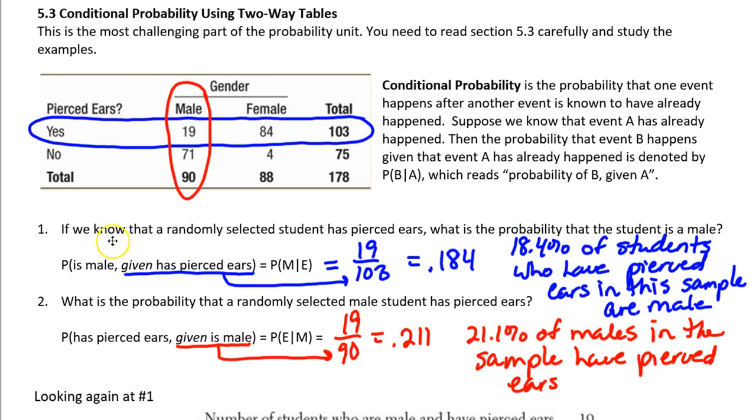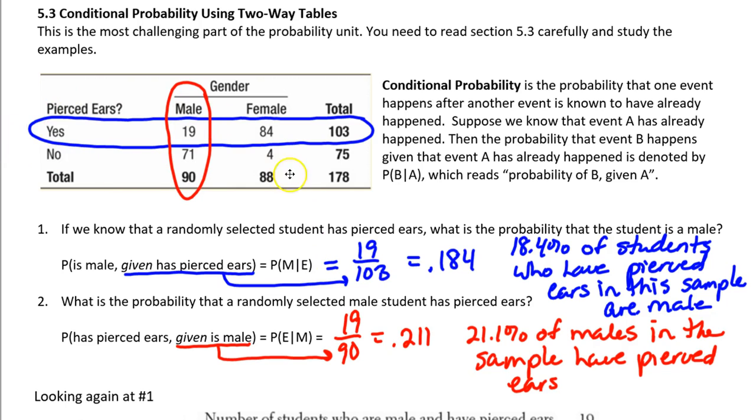So for example, if we know that a randomly selected student has pierced ears, that's our given, the event that has already occurred. What is the probability that the student is a male? So we look at only the people with pierced ears. I've circled that in blue. So we write the probability that the person is male, given that they have pierced ears, or P(M | E), where E is pierced ears.